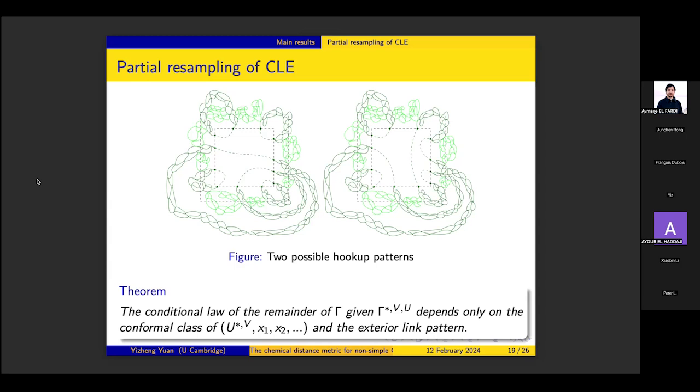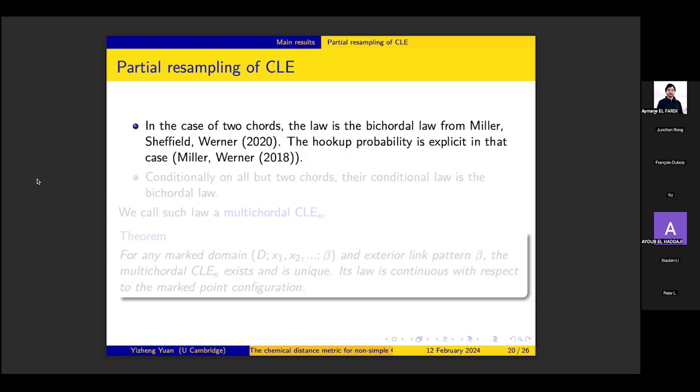We went a bit further and gave a more systematic approach to this. First of all, if you have just 4 marked points, or 2 chords, you have this picture here: some random domain with a few marked points. This was studied before in another paper. There you have 2 possible patterns.